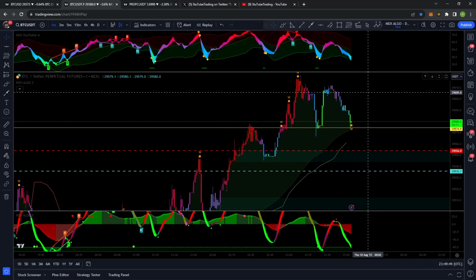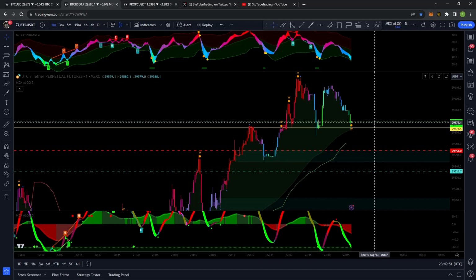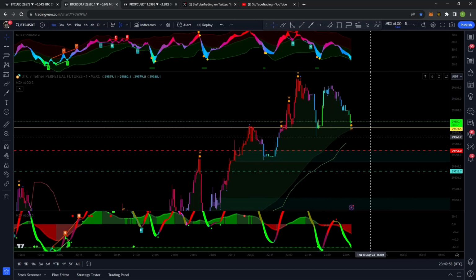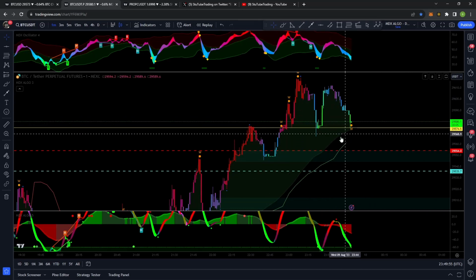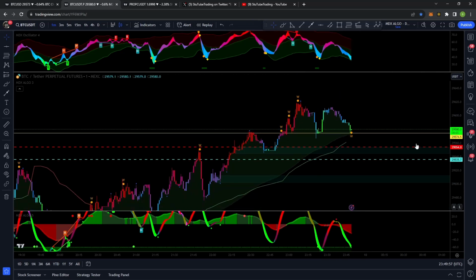Such a minimal gain anyways if I get stopped out on this. Basically just making sure that I'm still not losing anything. But hopefully I can catch this. Hopefully we get some support and get a further push to the upside.